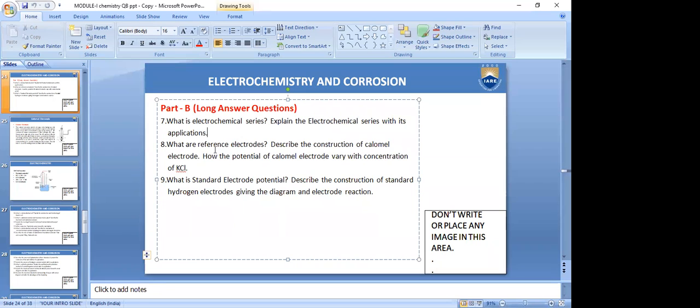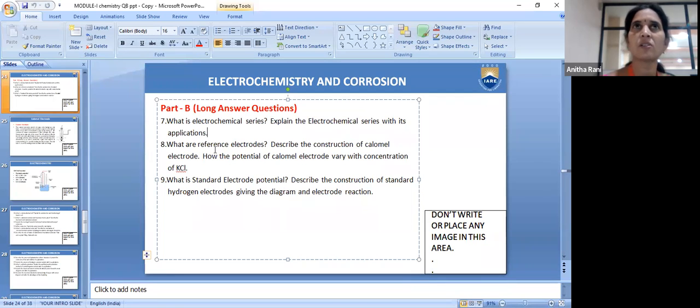We can find the electrode potential of a single electrode. What is reference electrode? Standard hydrogen electrode is the primary reference electrode.